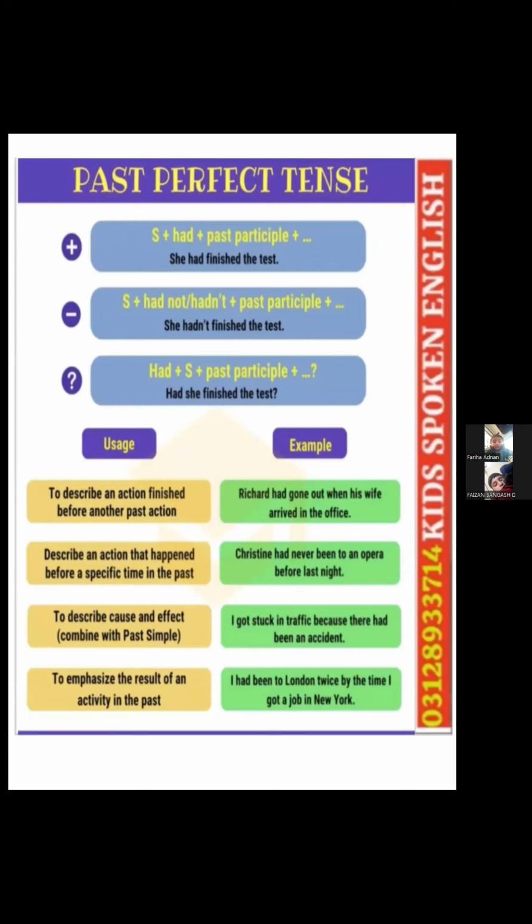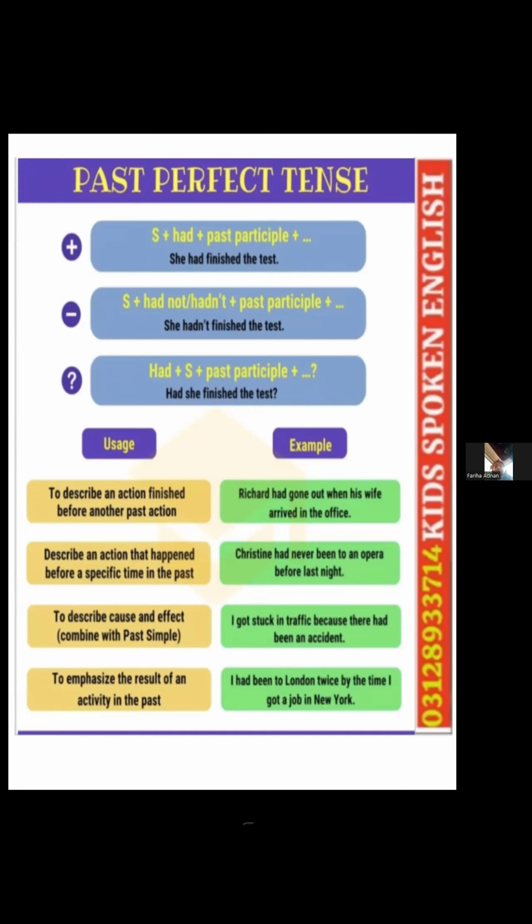So you just need to memorize that you have to put the helping verb had with every subject. Okay, with every subject you have to use had. You don't have to worry about that as in the present perfect tense, where we have to use has or have.